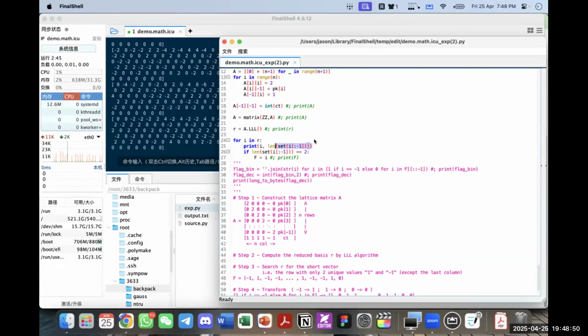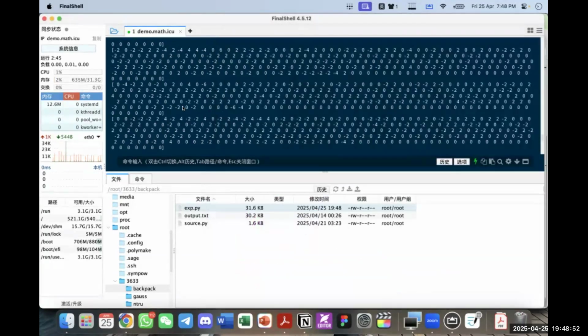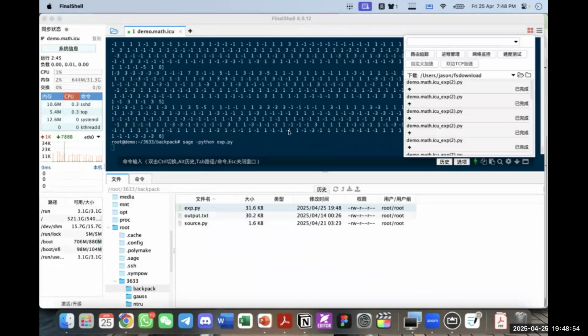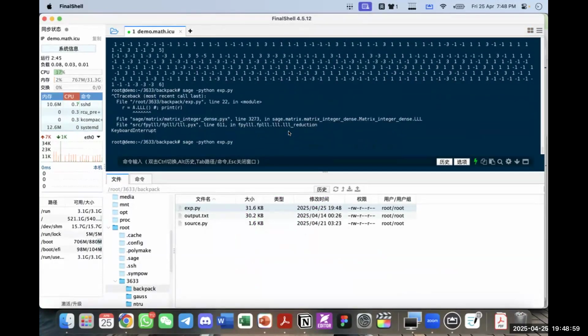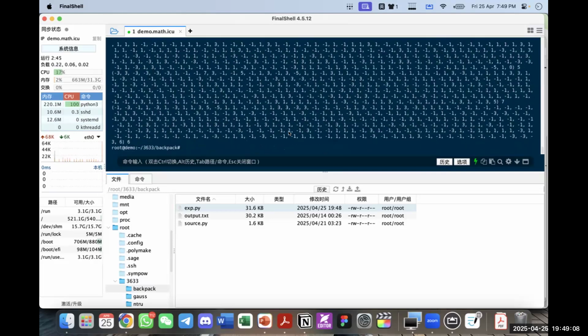So let's see what numbers we have. Okay. For each row, for example, in this last row, we have 6 unique elements in the first n elements except the last.